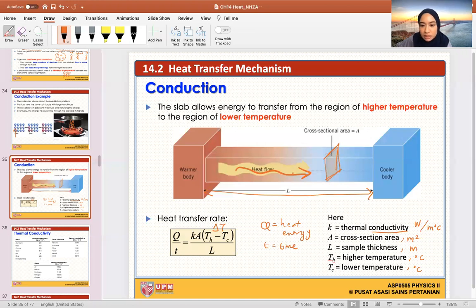What happens here is that we want to know the rate of Q that travels through a cross-sectional area. So that is conduction. Conduction problems in the exam are very common. Just throwing it out there for you guys.